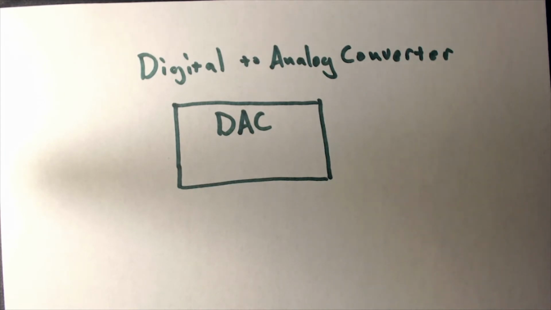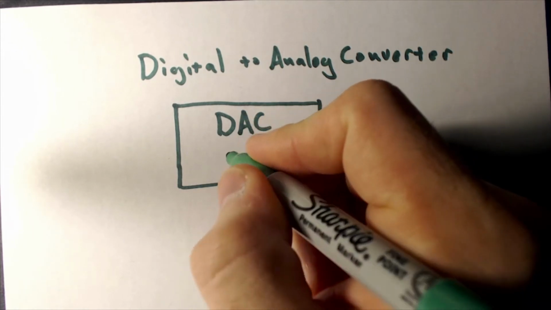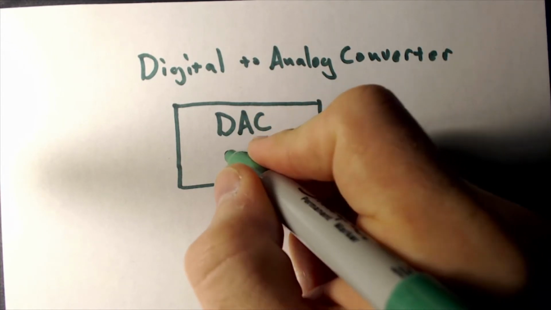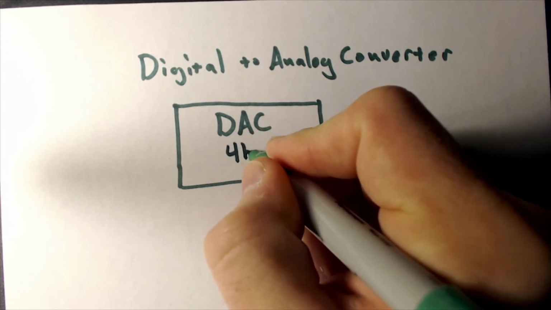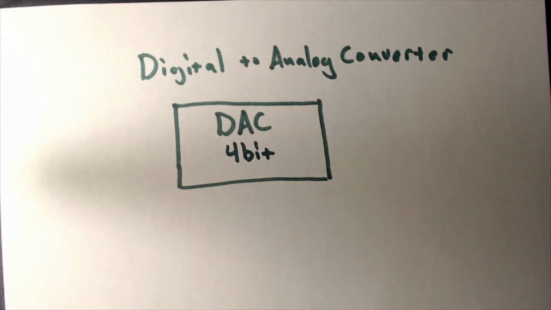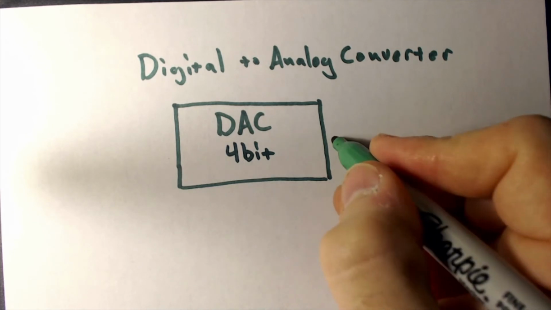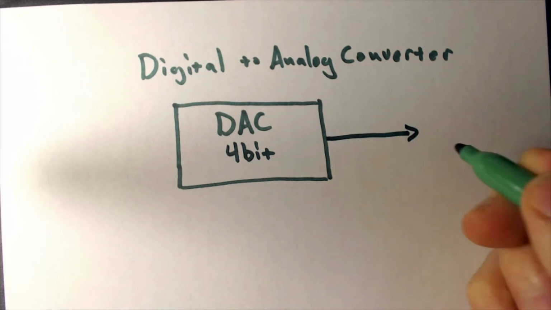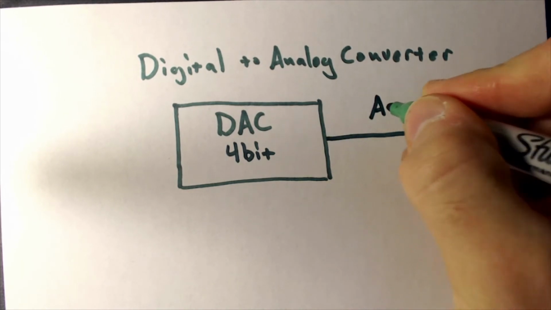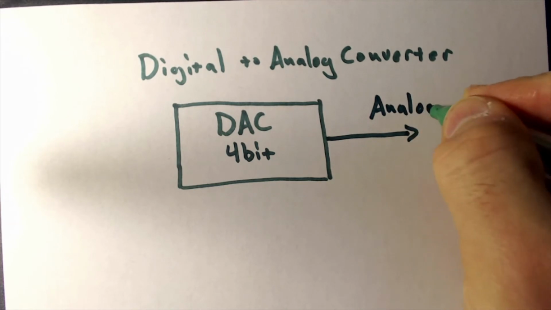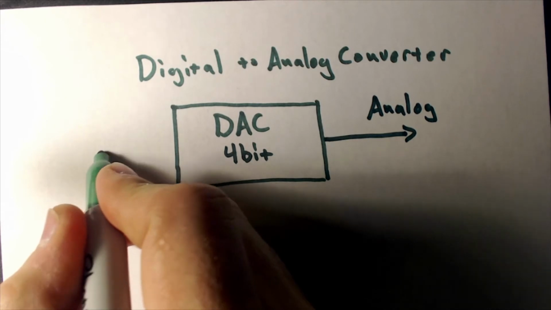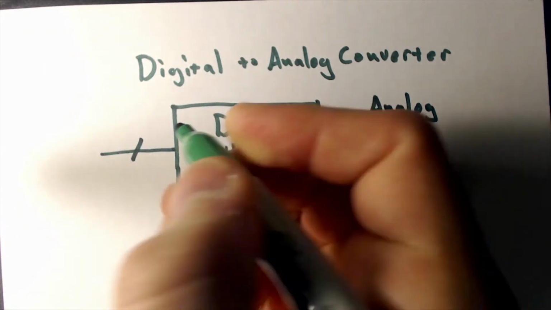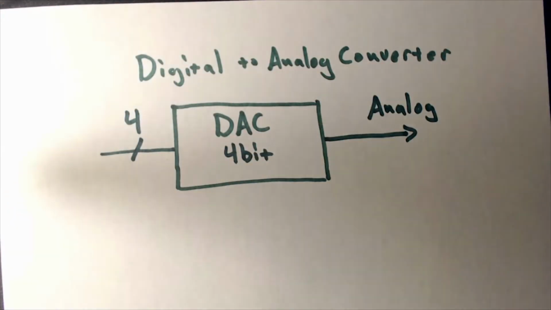For that reason, I'm going to lower the resolution of this digital to analog converter to be a 4-bit DAC. Now, the output is going to be analog. The input, however, is going to be digital.